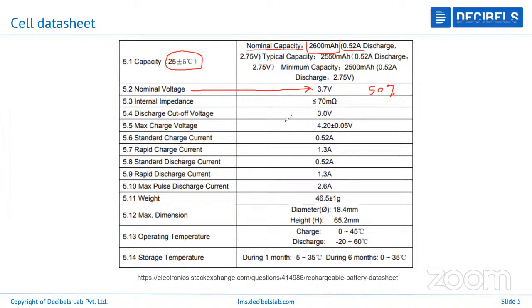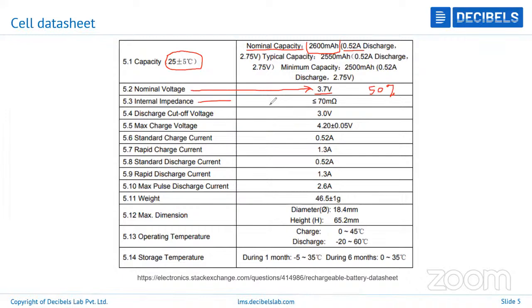Or you can also say that it is the average voltage of the cell over its entire performance. For example, I fully charge the cell and I start to discharge it all the way till its end voltage, and if you take the average of all of this voltage, then you get a nominal voltage of 3.7 volts. So either definition you can take.